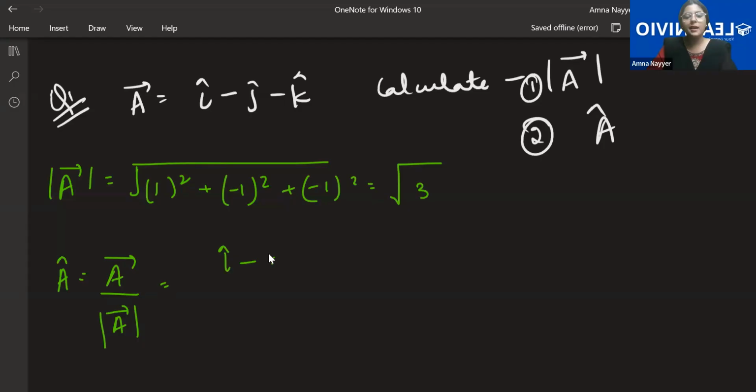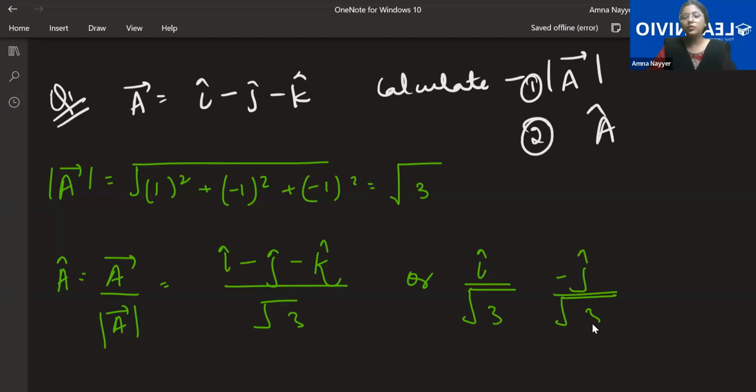So this is I cap minus J cap minus K cap divided by √3. Or you can write this as I cap by √3 minus J cap by √3 minus K cap by √3. Okay? You've written till here? Yeah.